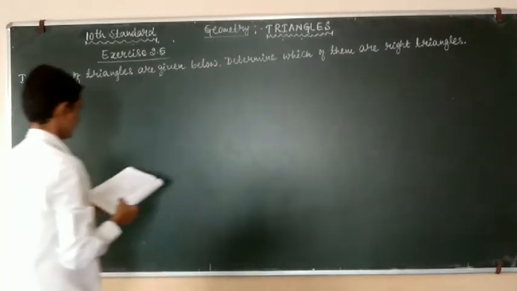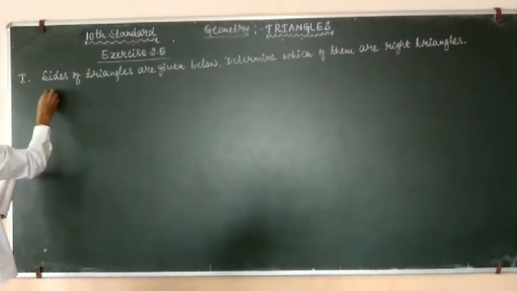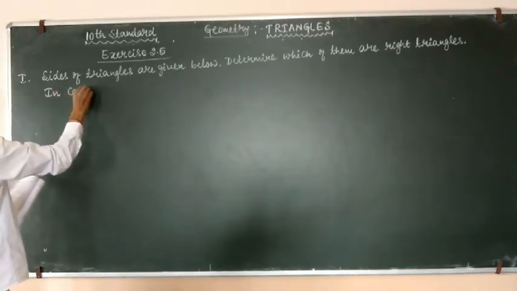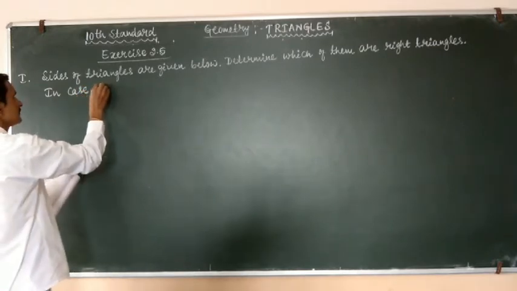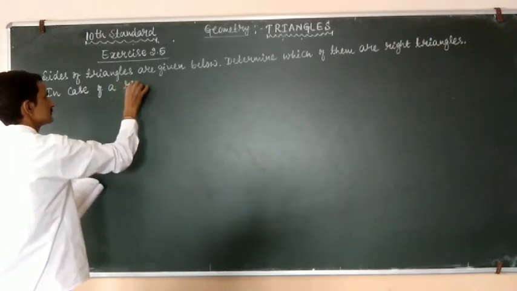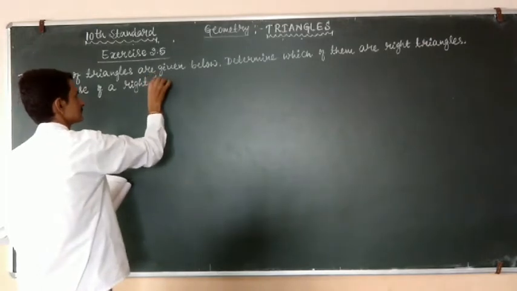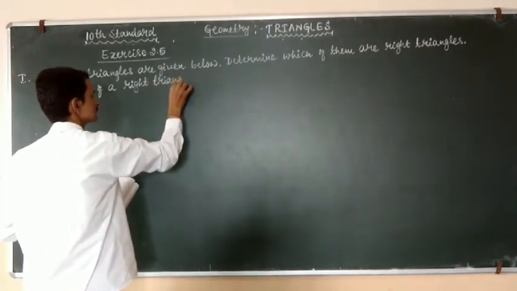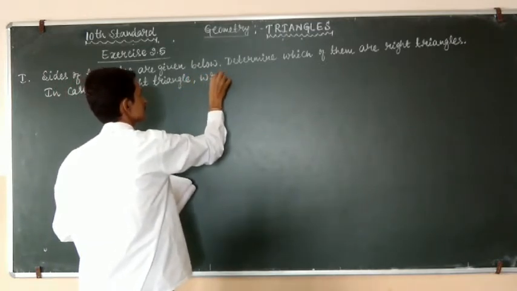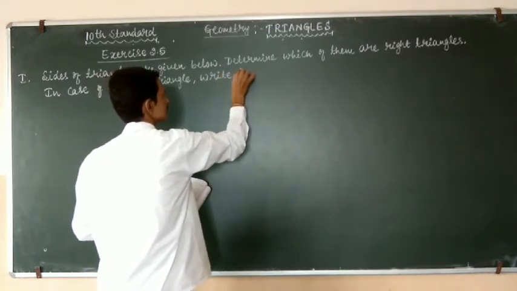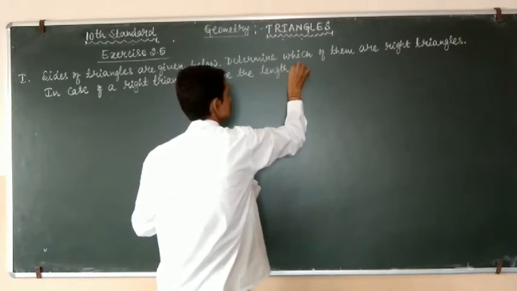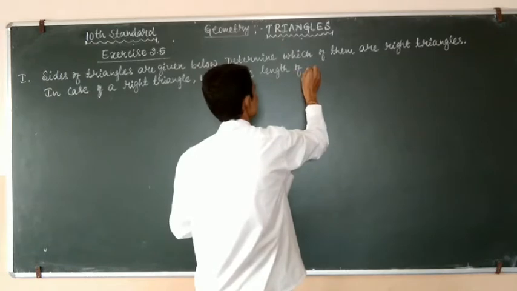In case of a right triangle, write the length of the hypotenuse.